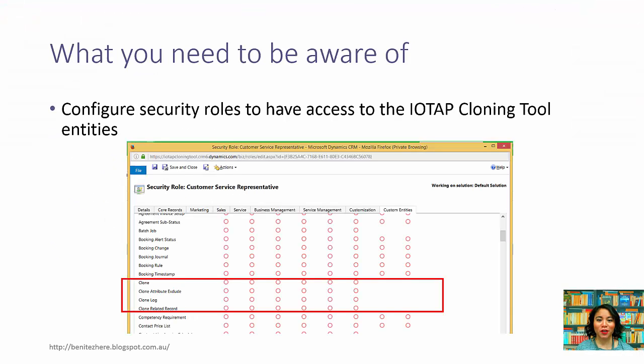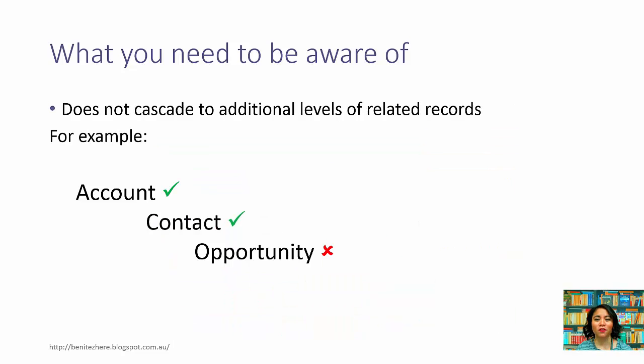What you need to be aware of: when I implemented this for one of my clients, and the client uses custom security roles, I forgot to modify the custom security roles to have access to the IOTAP cloning tool, so don't forget that. The other thing is I found that it didn't cascade to additional levels of related records after you've done the configuration.